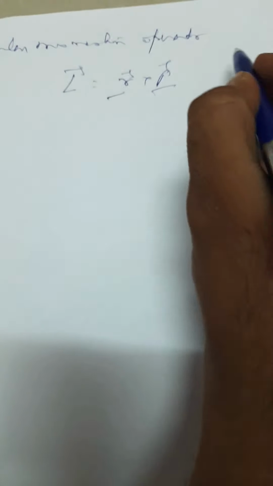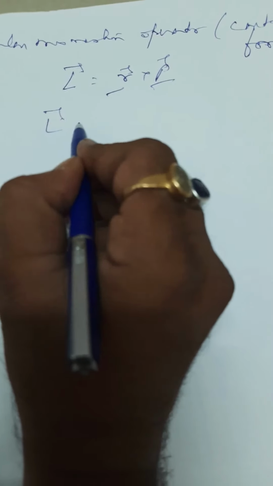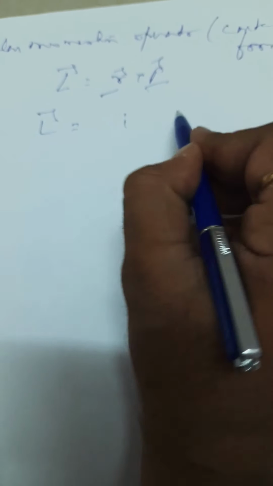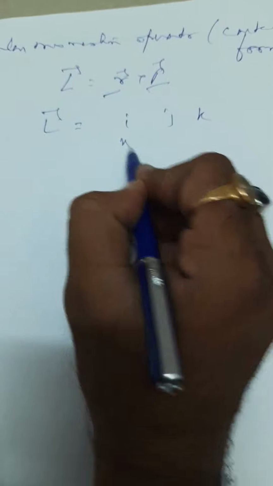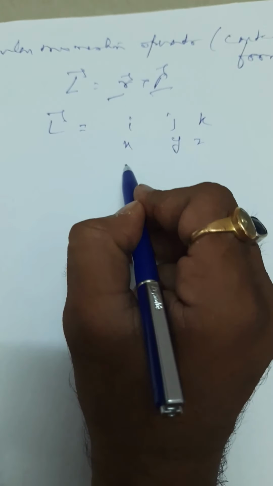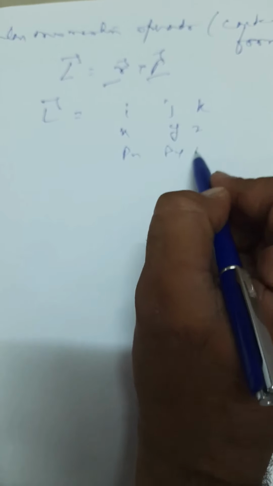In place of r we can substitute it in Cartesian form. So this will be given by the determinant with rows i, j, k, then x, y, z, and here we write px, py, pz.